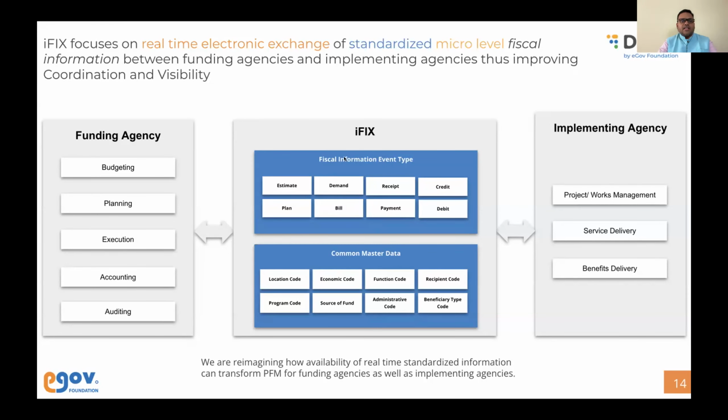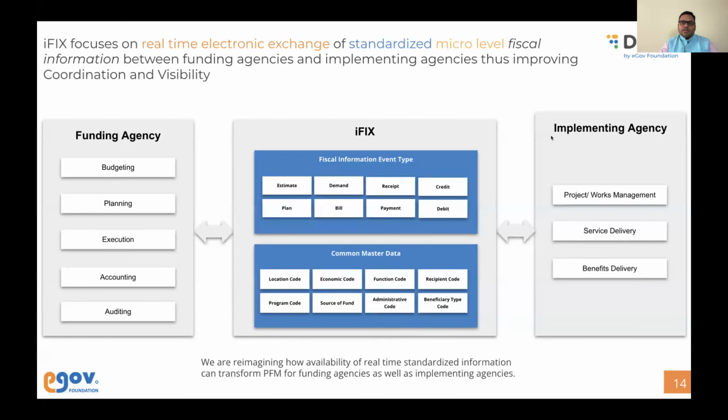So without going into too much detail, the idea is to have events which are well defined and will have a set of attributes in the IFIX platform itself that can then write onto the common data registries, the master data registry. Of course, these registries will have clear principles that will be followed. There are well-defined registry principles that will be followed and maintained at all points in time, because as soon as a service event happens, it triggers a fiscal event, and that writes onto the master data, which can then be accessed by funding agencies.